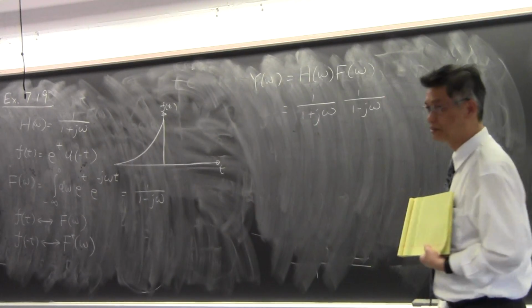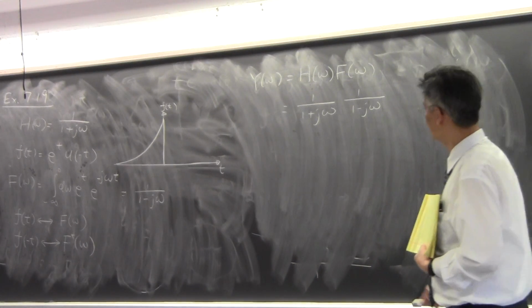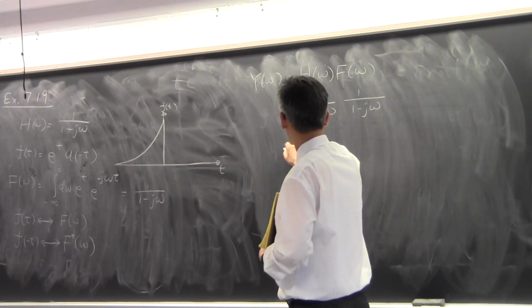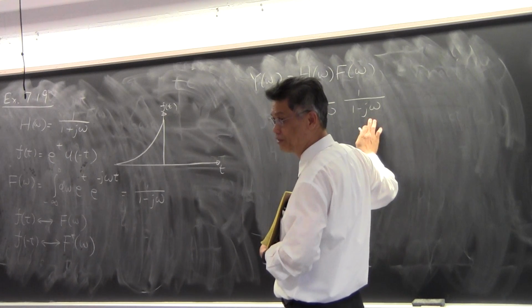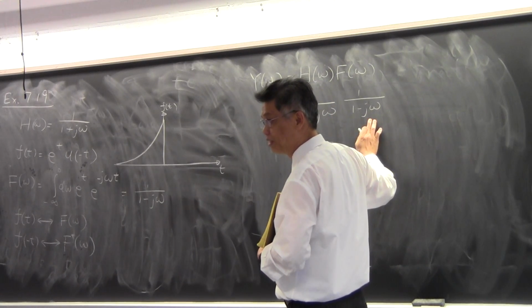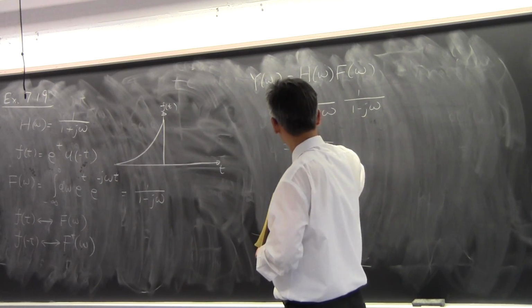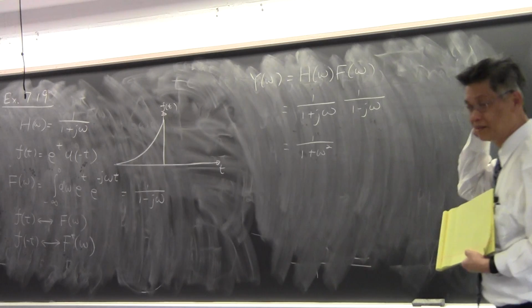What do you get for this? It's a plus b, a minus b, so it's 1 over a squared minus b squared, but b is imaginary. When you square an imaginary number, it becomes minus again. So it's 1 over 1 plus omega squared. That's what you have.